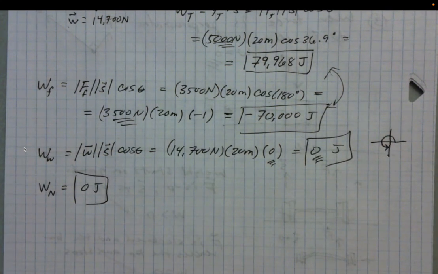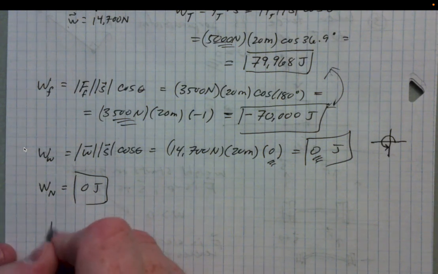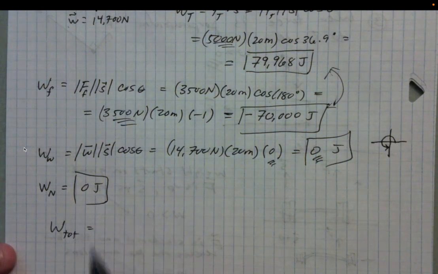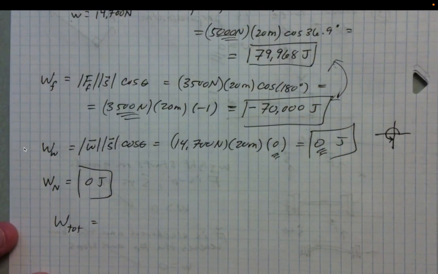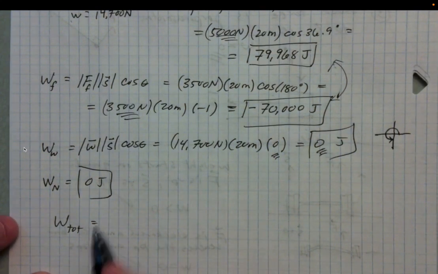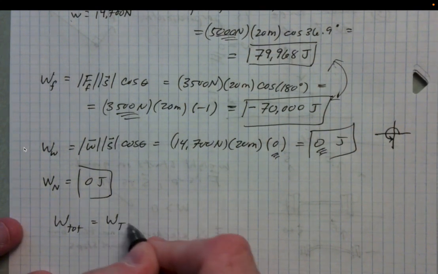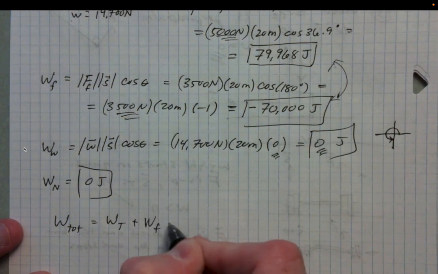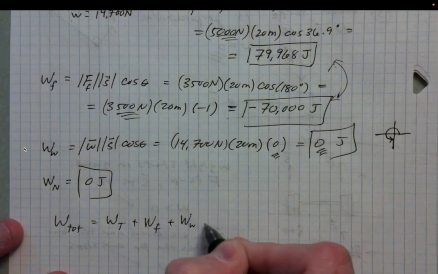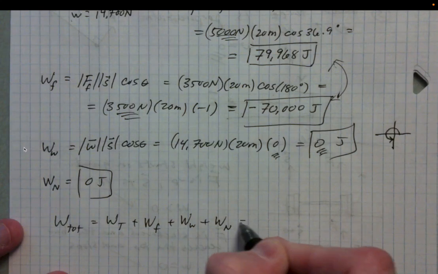What's the work done by each force? And then the second question is, what is the total work done by all of the forces? Well, the work in total is just equal to the sum of all of the works we just calculated. So it's equal to the work done by the tractor plus the work done by friction plus the work done by the weight plus the work done by the normal force.